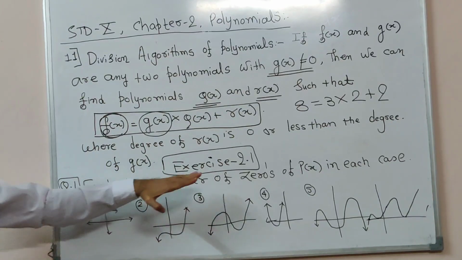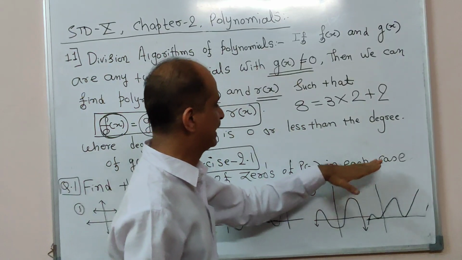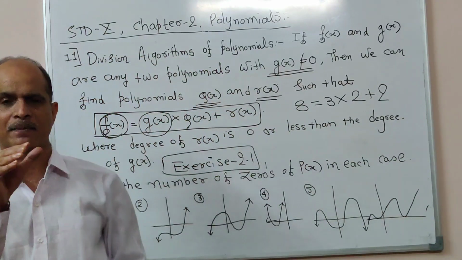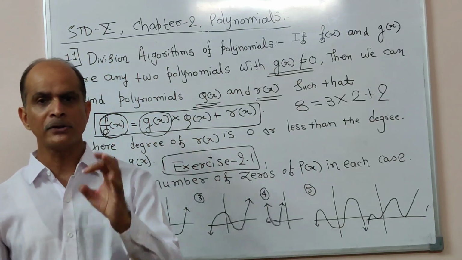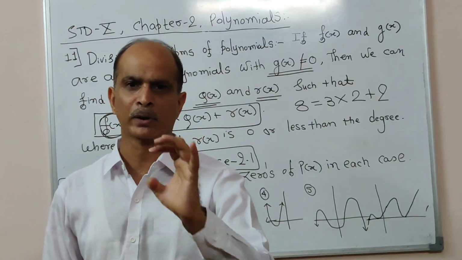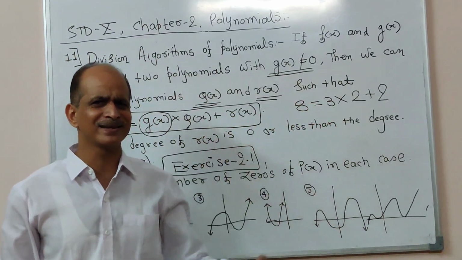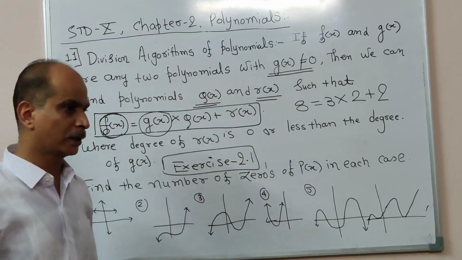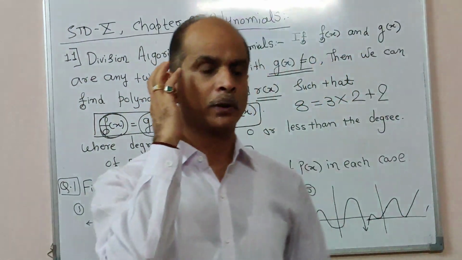Find the number of zeros of the graph of the polynomial in each case. In this example, 6 graphs are given to you and you have to find out the number of zeros. I think it is easy because we have already studied the graph of a linear polynomial, quadratic polynomial, and cubic polynomial.